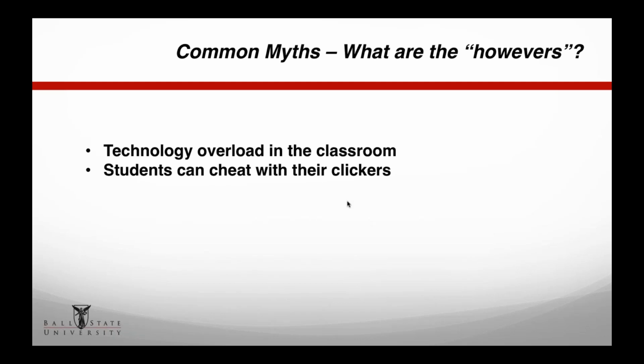I really, really, really struggled with it because as an instructor of a large classroom, I did not want to be okay with cheating, and don't get me wrong that I'm not. But I had to come to the conclusion that if students are going to cheat with iClickers, they're going to cheat anyway. They will find a way to do it.